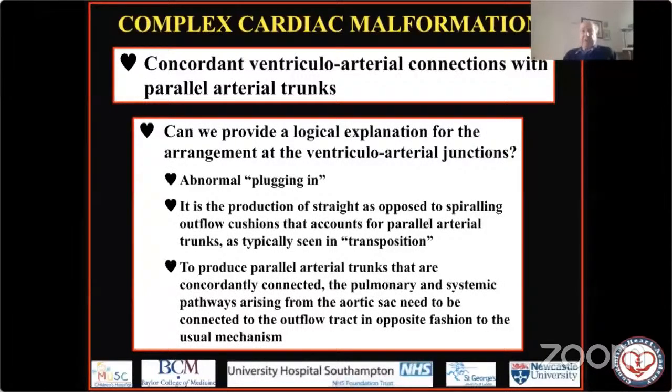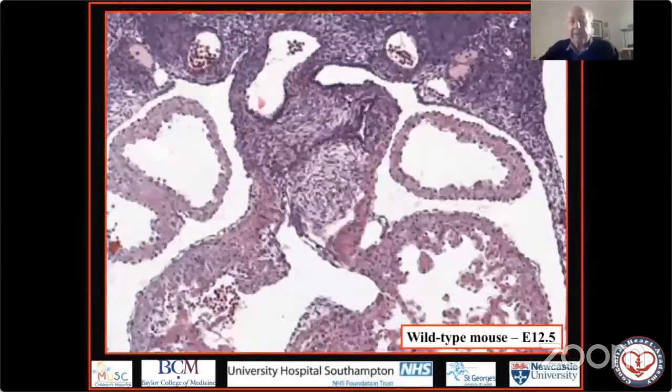So to produce parallel arterial trunks that are concordantly connected, what we need to do is to arrange the connections between the vessels arising from the aortic sac to those outflow tracts in opposite fashion. And I believe that can take place.